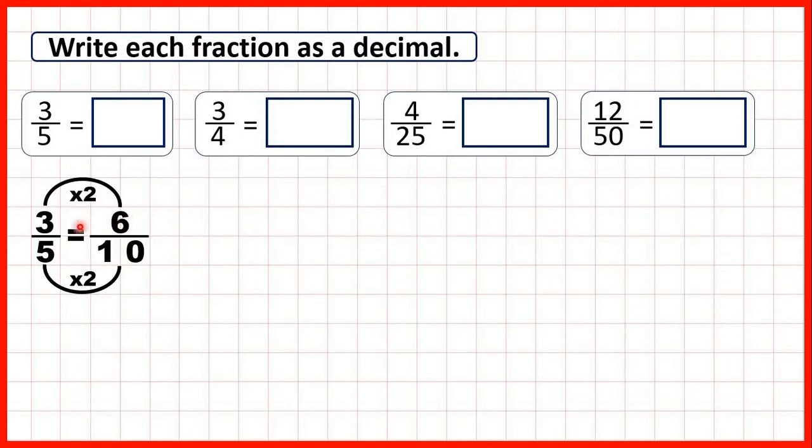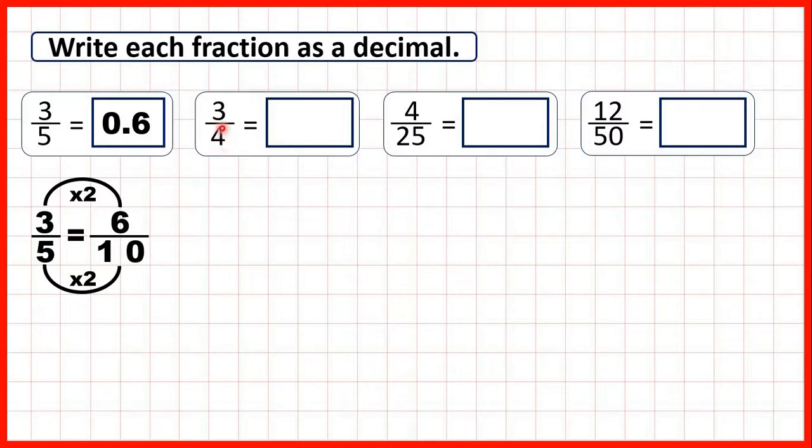So now that we know that 3/5 is equivalent to 6/10, which means it's the same size as 6/10, we can write it as a decimal, because the first digit after the decimal point is the tenths digit, so we can write that as 0.6.